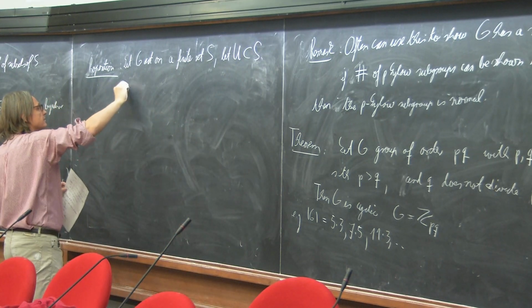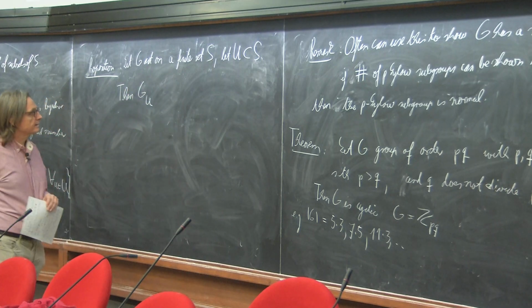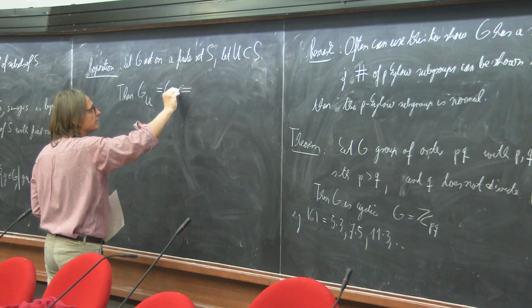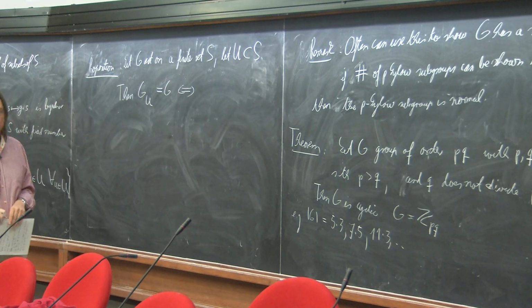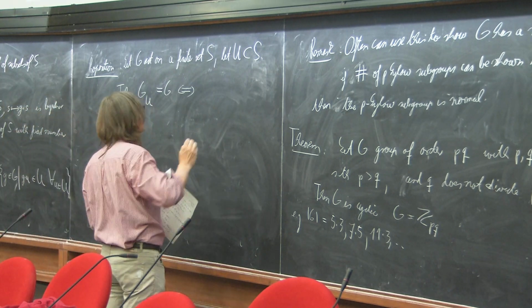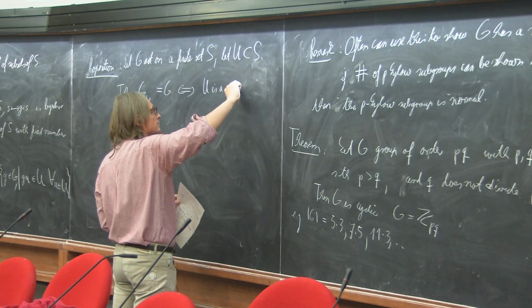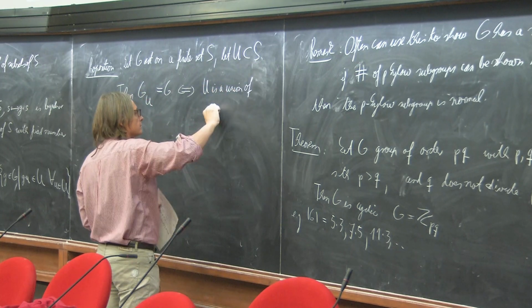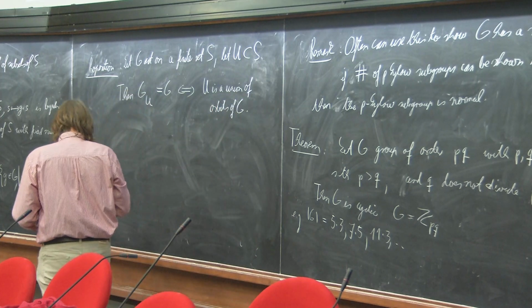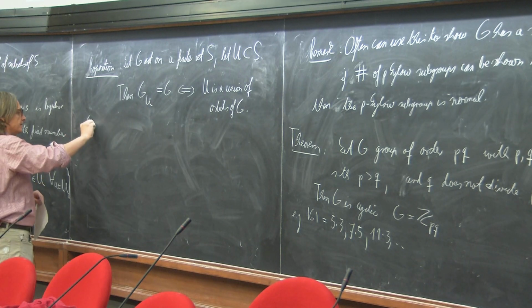Then the stabilizer of U in G is the whole of G if and only if U is a union of orbits of G. Okay, that's almost trivial.